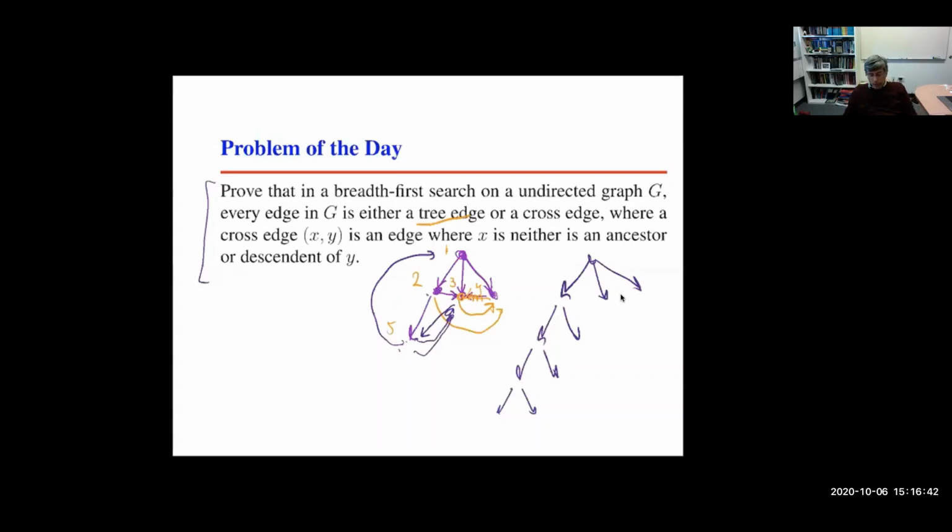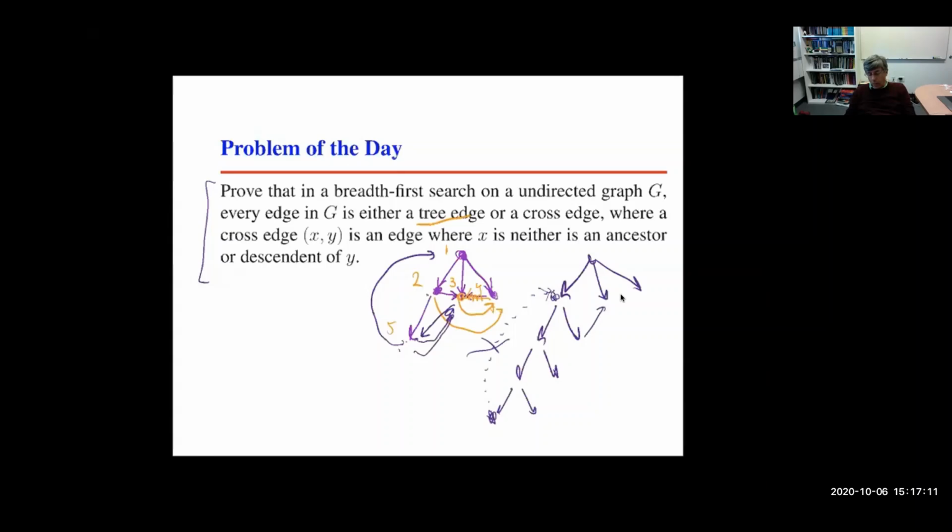But in a breadth first search on an undirected graph, we are never going to go back to a higher ancestor, because if we did, we would have discovered this node when we processed the ancestor. So that's a no-no. We can't have an edge that goes from me to a non-descendant on a higher level.